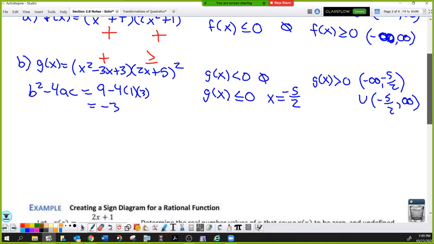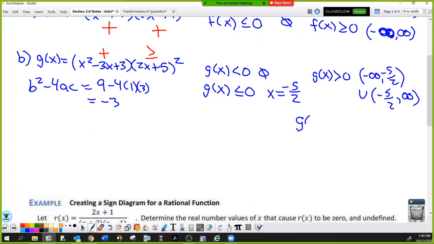And then lastly, where is this polynomial greater than or equal to 0? I said or, greater than or equal to 0. Everywhere. Because it's equal to 0 at negative 5/2, we can now include it. Yes?